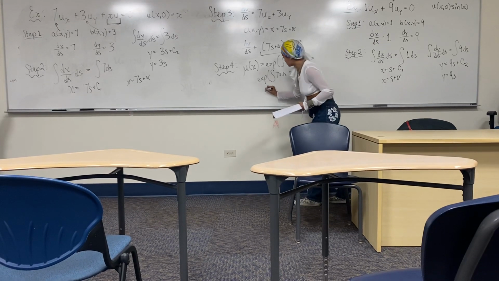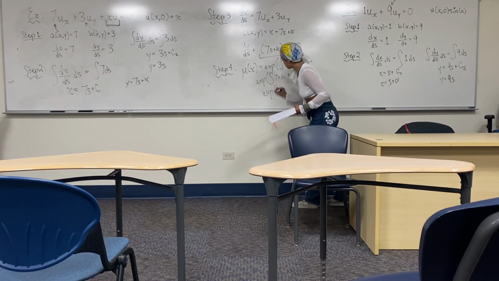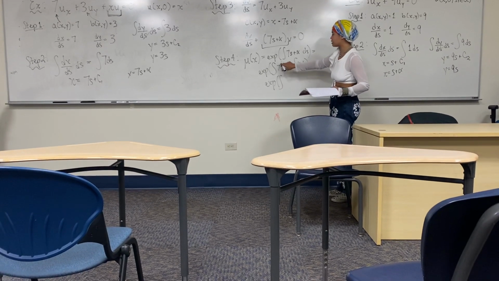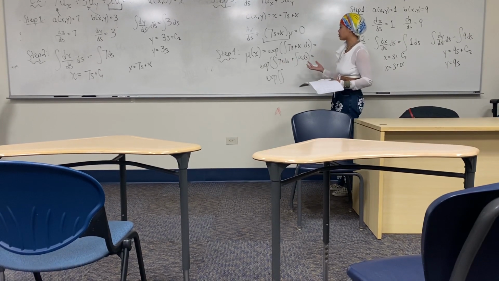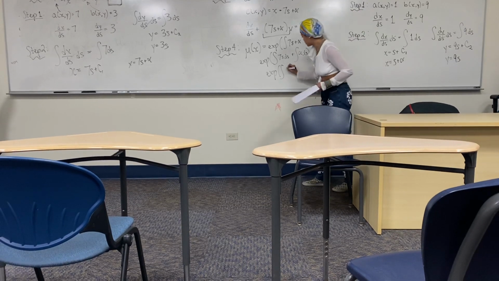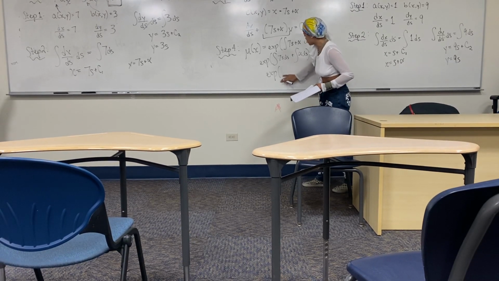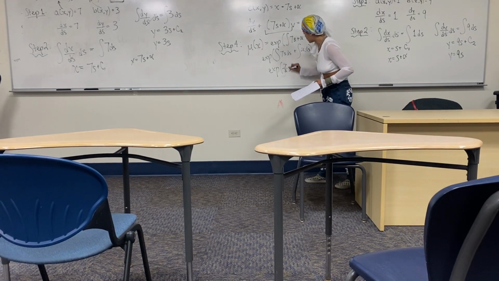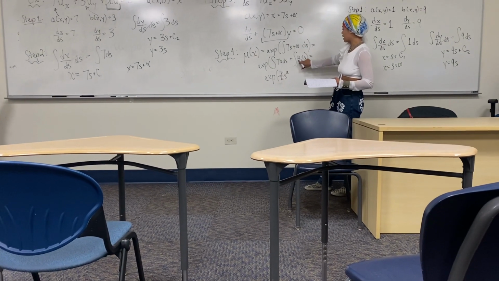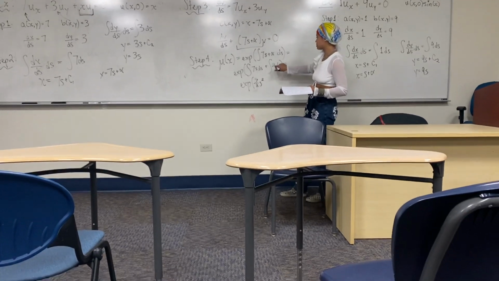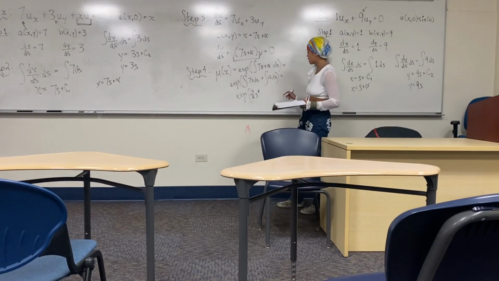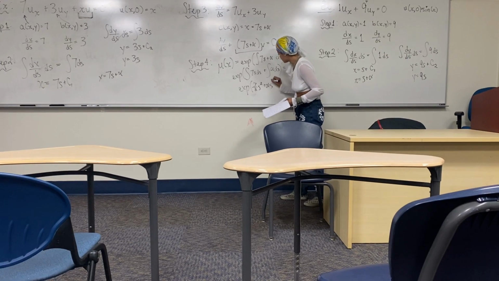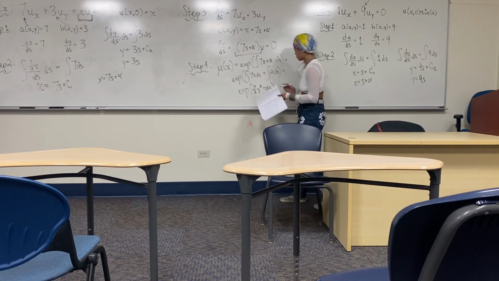Exponential of, and then 7s is just 7 times the integral of s, which we know is s squared over 2, which is just 7 over 2 s squared. And then alpha s is just alpha times the integral of 1 ds, which is just s, plus alpha s.